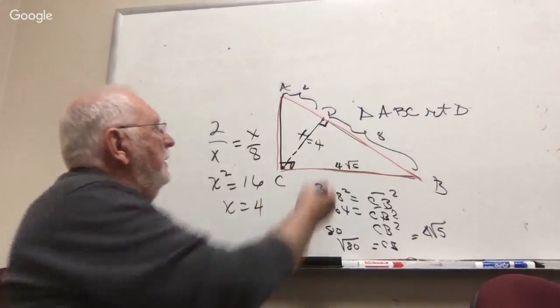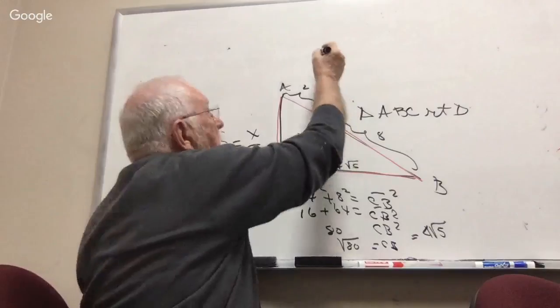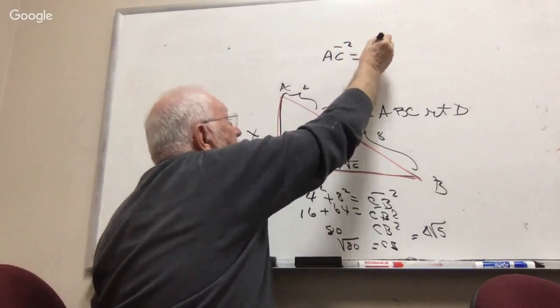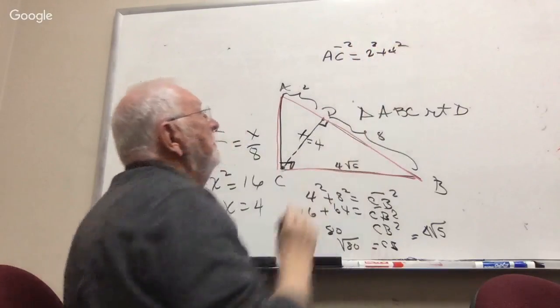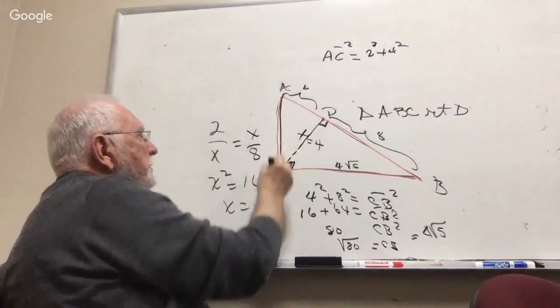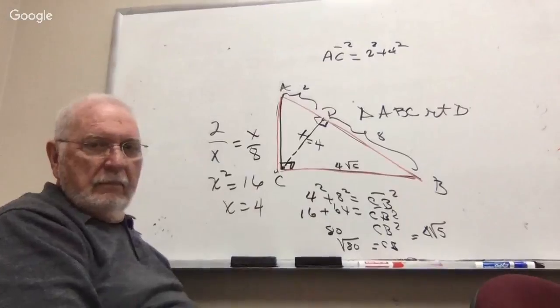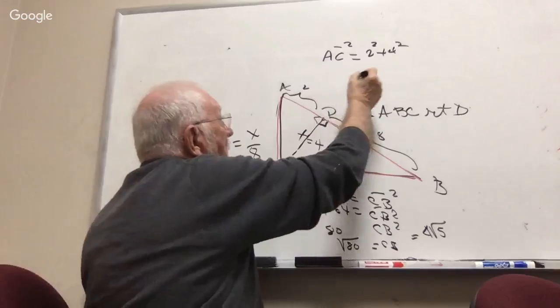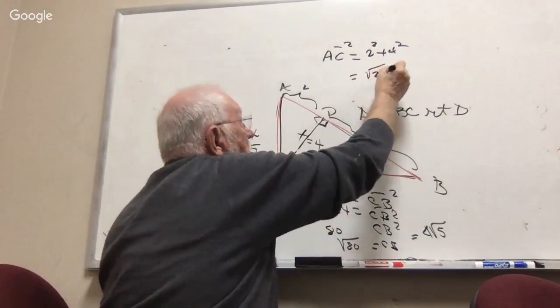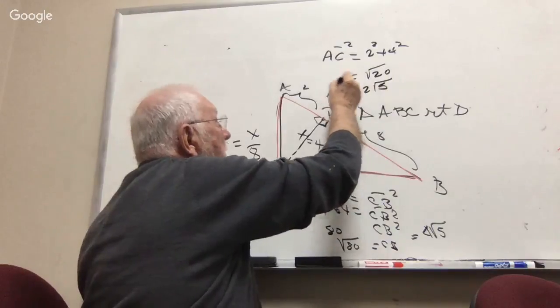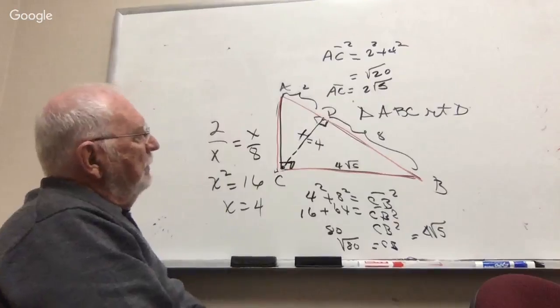AC squared then is 2 squared plus 4 squared. So this side squared, because this is your right angle. Which is the square root of 20, which is the same thing as 2 times the square root of 5. So then we can fill that information in.